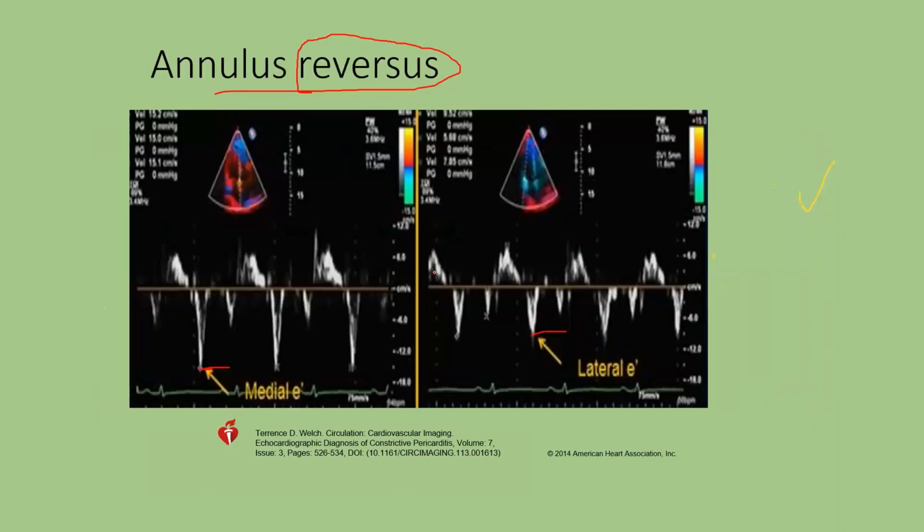So these are the major three features. You have to dig and look for them really carefully, because if you elicit the three of them, the diagnosis of constriction is specified to the degree of 97%.